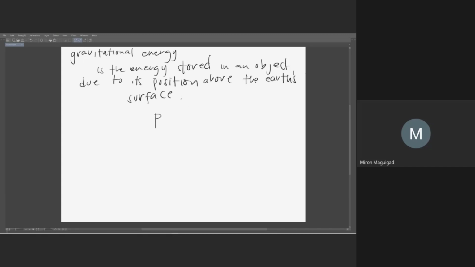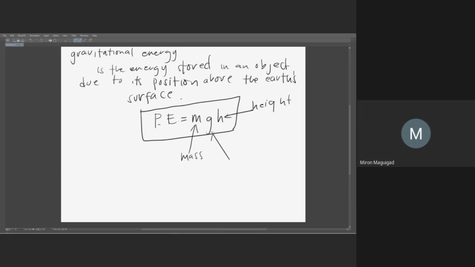The formula for gravitational potential energy is PE = mgh. PE means potential energy, where m is for mass, and g is gravity.